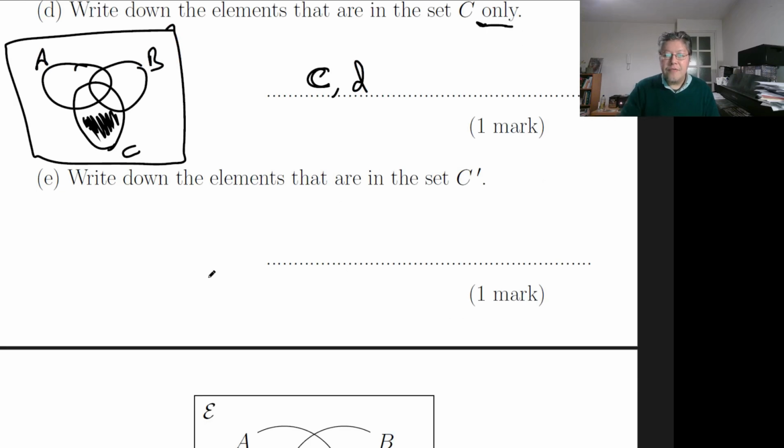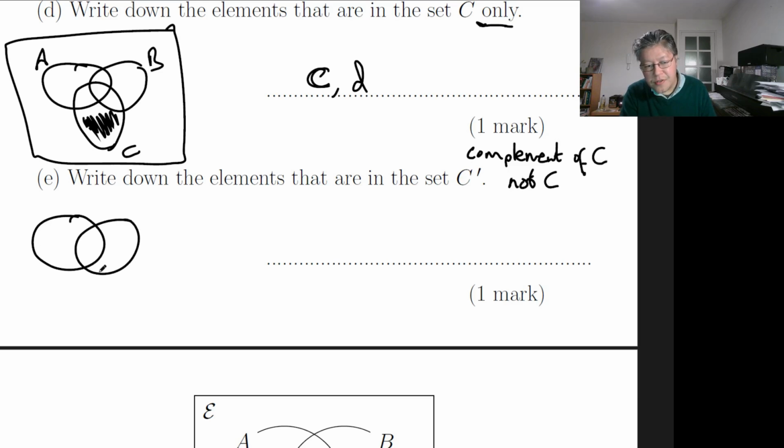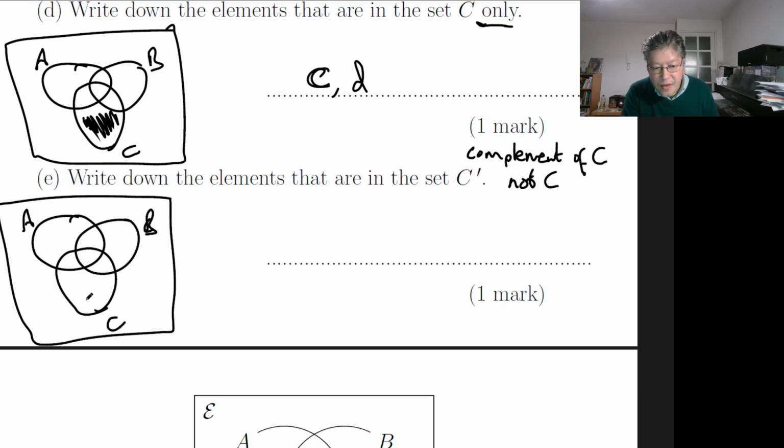And part E, write down the elements that are not in C. Remember, this C dash means not C. It's also called the complement of C. Complement of C means everything not in C. And in terms of regions, A, B, C: if C consists of these 4 regions, 1, 2, 3, 4, not C will be everything else.